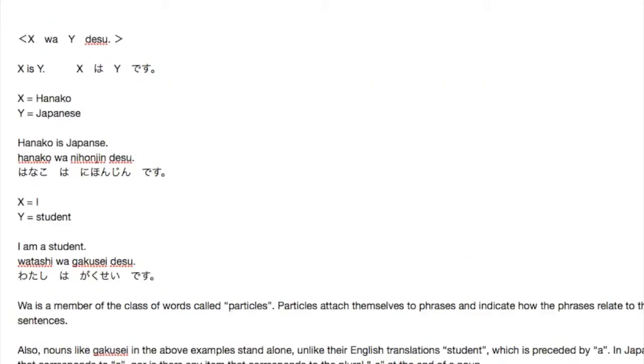Okay, so let's do grammar. X は Y です. X is Y. So for example, if X equals Hanako and Y equals Japanese, Hanako is Japanese. 花子は日本人です. 日本人 is Japanese.